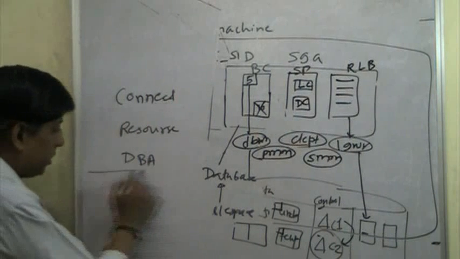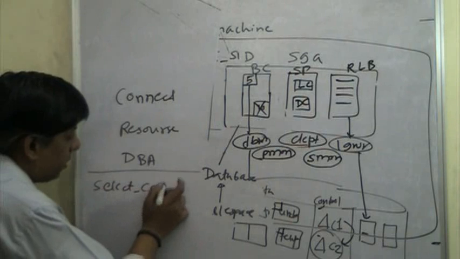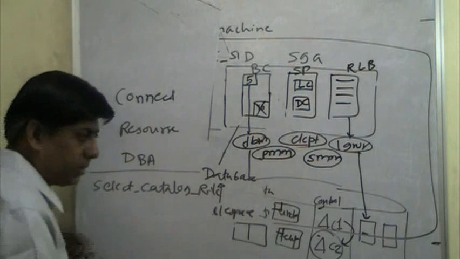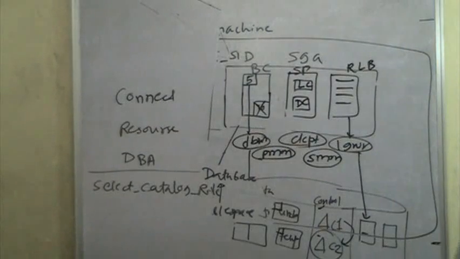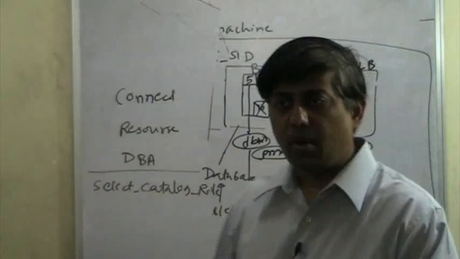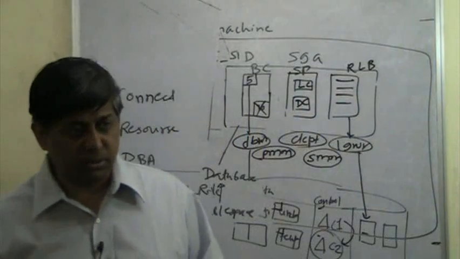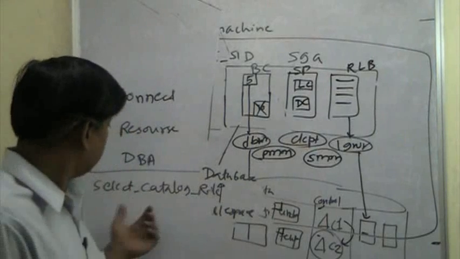I will also mention, I think I had mentioned it earlier, SELECT_CATALOG_ROLE. This role is also something that we may want to memorize. It's a nice role to give to all the developers, so that they can select from the DBA data dictionary views. They can learn more things. Select catalog role.